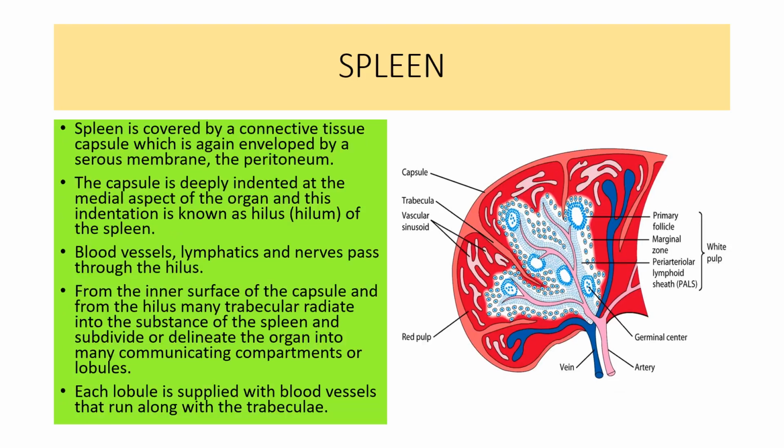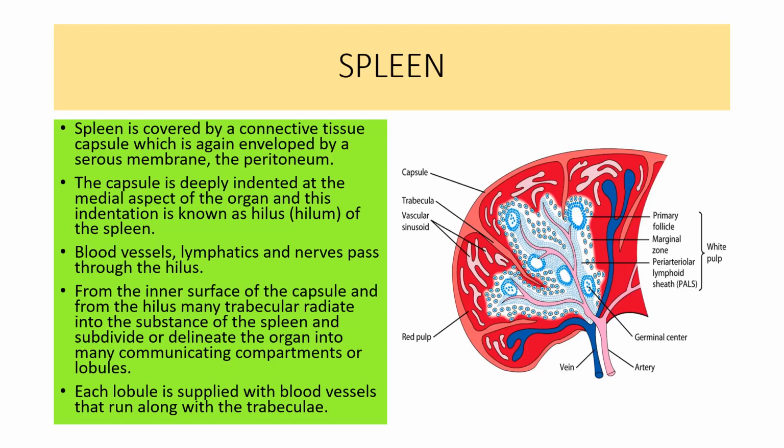The spleen is covered by connective tissue known as capsule. The capsule is deeply indented at the medial aspect of the organ, and this indentation is known as hilus or hilum of the spleen. The blood vessels, lymphatics and nerves pass through this hilus.